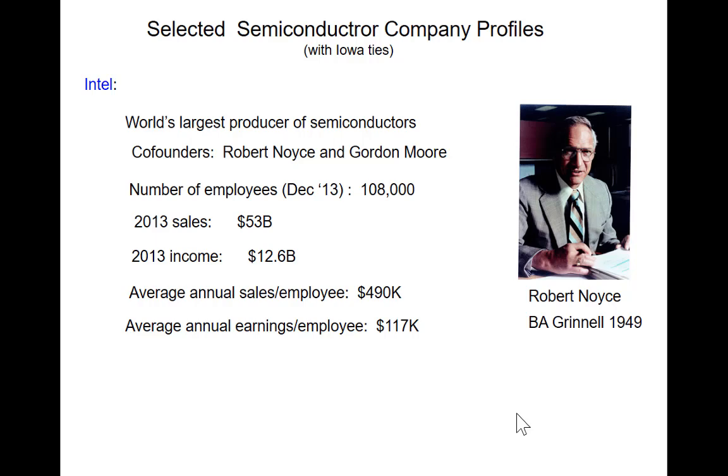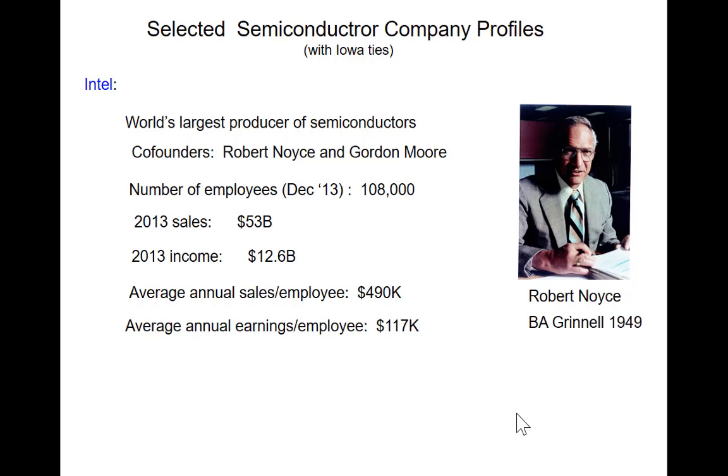Here's another guy that has some ties to Iowa. This is Bob Noyce. Bob Noyce grew up in Newton, and he got his bachelor's degree from Grinnell in 1949. He happens to be the co-founder of a couple of companies, Intel and Fairchild.